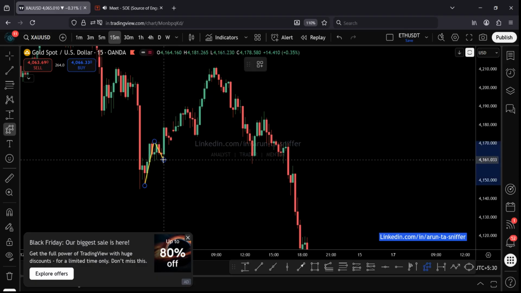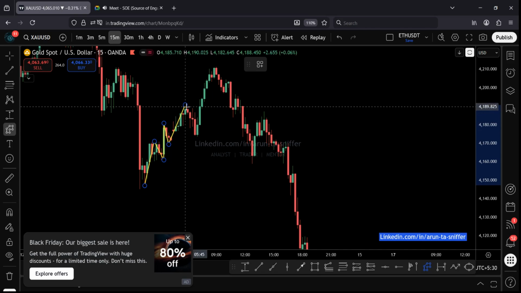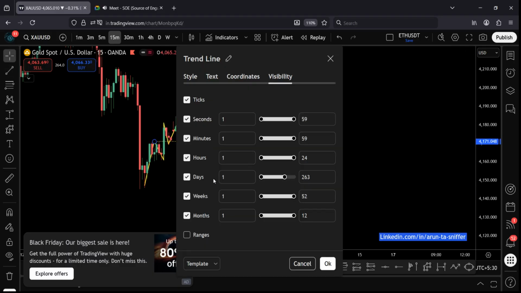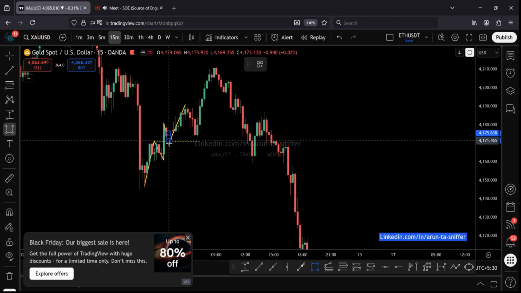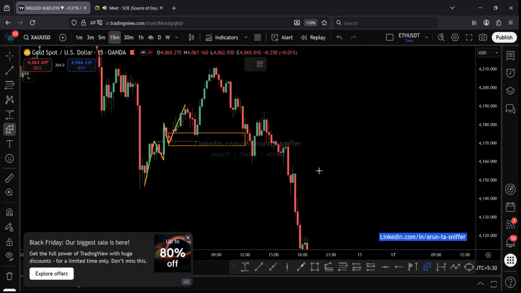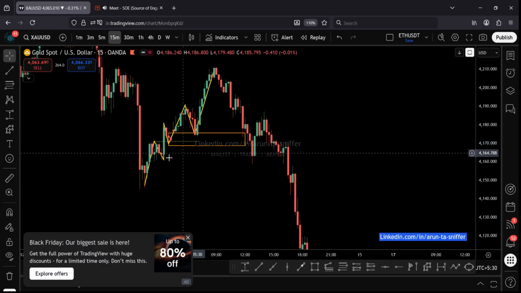Goes up, comes down, goes up, comes down, then goes up, and then where did this come to? Yeah, like this. Comes down and what happens?